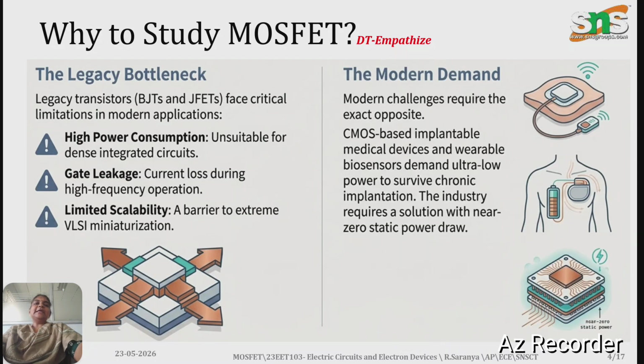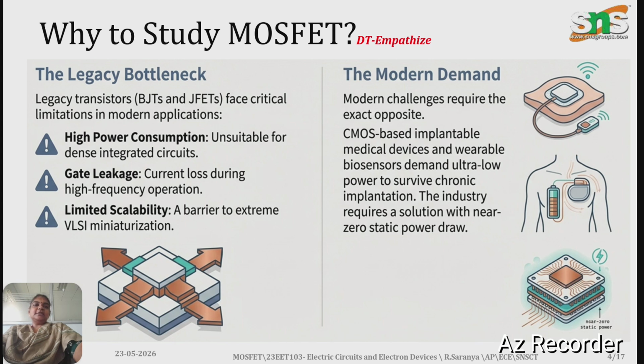Before going deep into our topic, why are we going for MOSFET? The expansion of MOSFET is metal oxide semiconductor field effect transistor. It is mainly used in modern electronics.